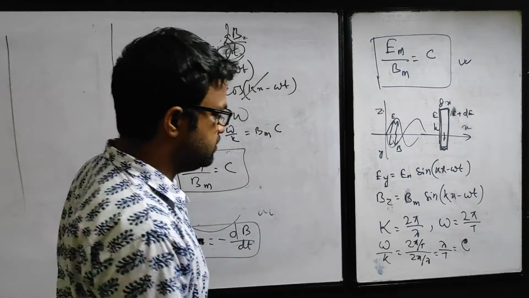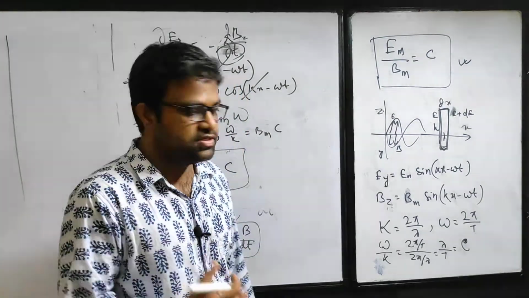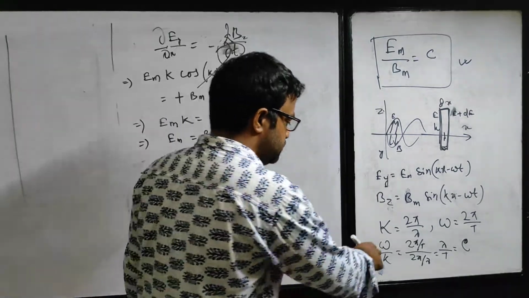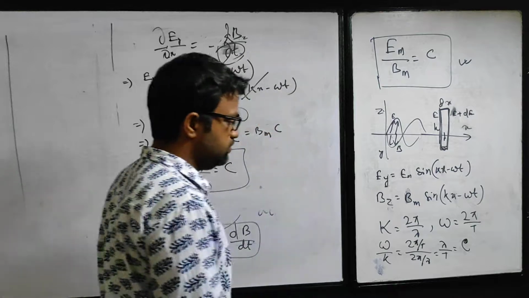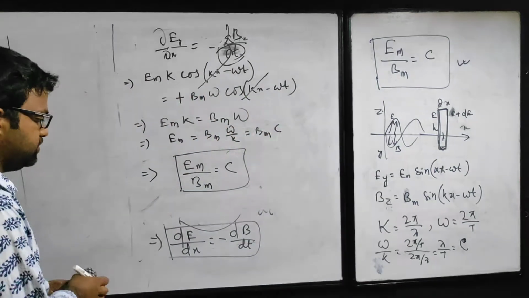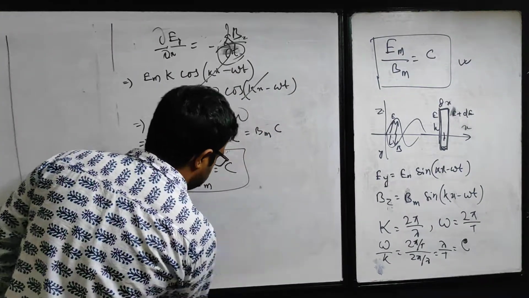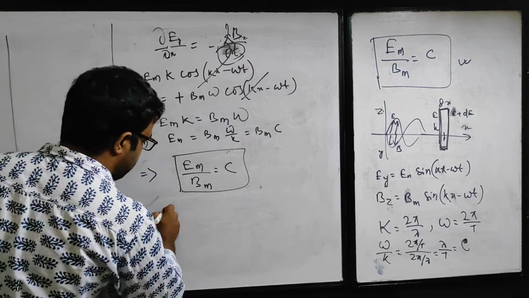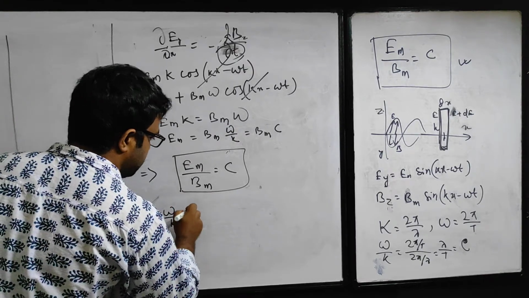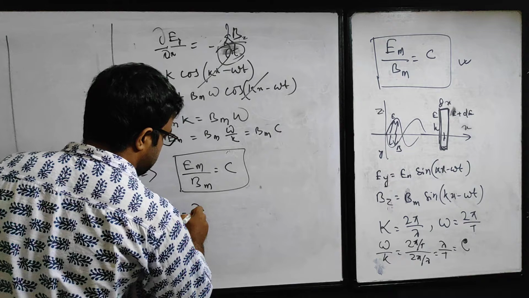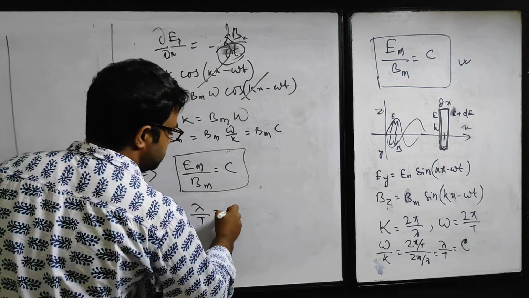Many times the question comes in different entrance examinations, and this is also an important result that you should note down: omega by k is lambda by T is C.